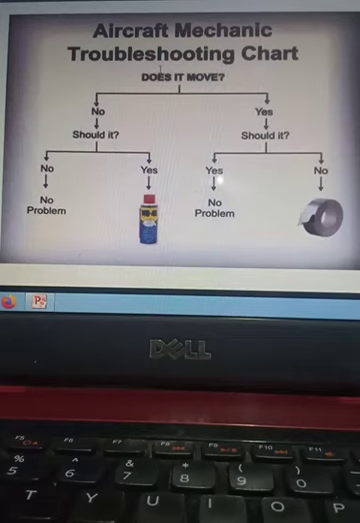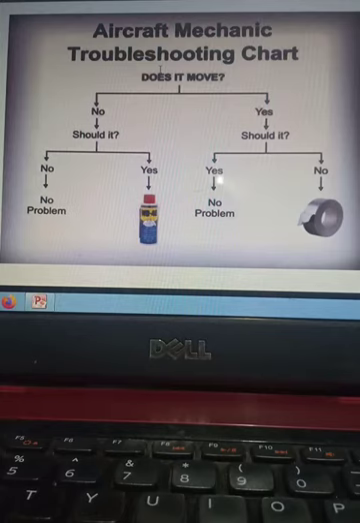Okay, good morning class. We have here an example picture of an aircraft troubleshooting chart, meaning how are you going to troubleshoot. This is a sample of a logic reasoning. As you can see on the picture, there are two sides.